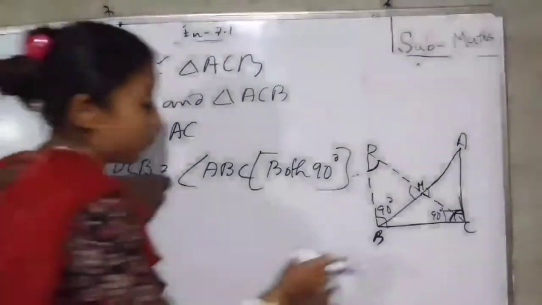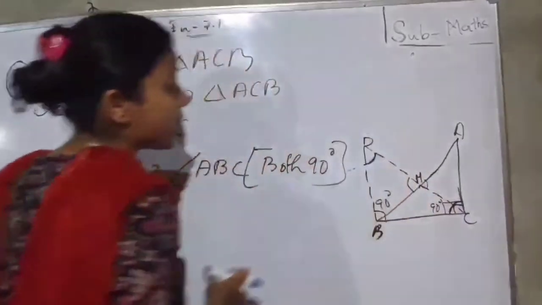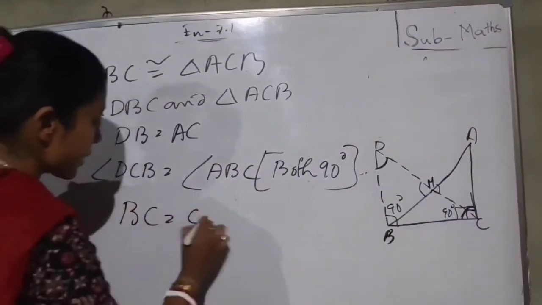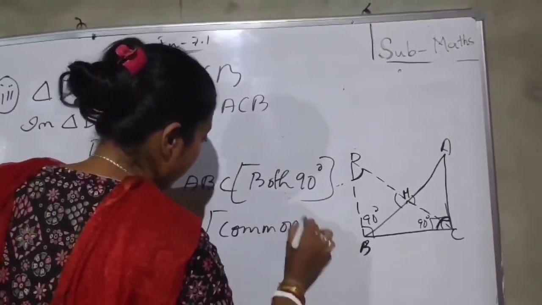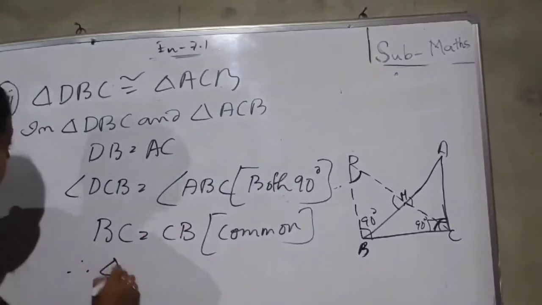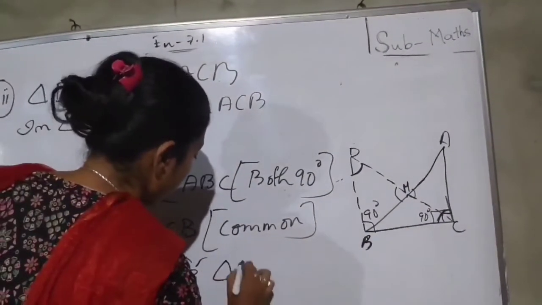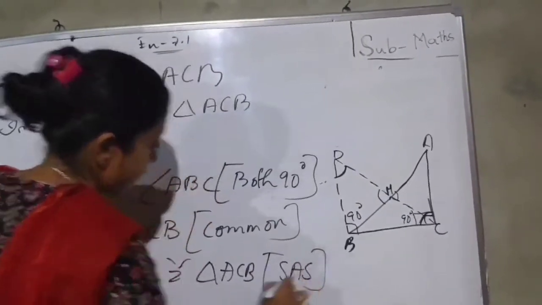And we can say that BC equal to CB. Why? Because this is a common side. So BC equal to CB we can say, since it is common. Therefore we can say triangle DBC congruent triangle ACB by SAS.